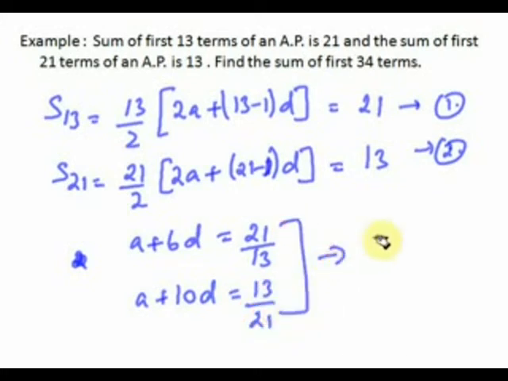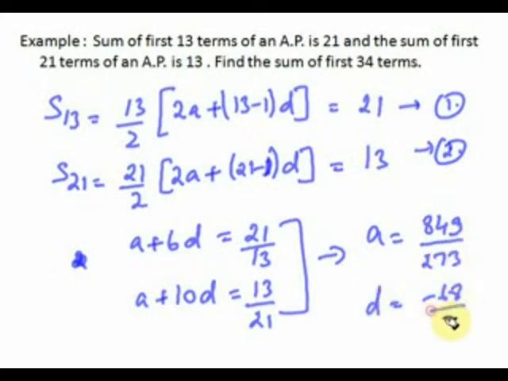From this equation we can find the value of a and d. Solving this, we'll get a is equal to 849 upon 273, and the value of d will be equal to minus 68 upon 273.